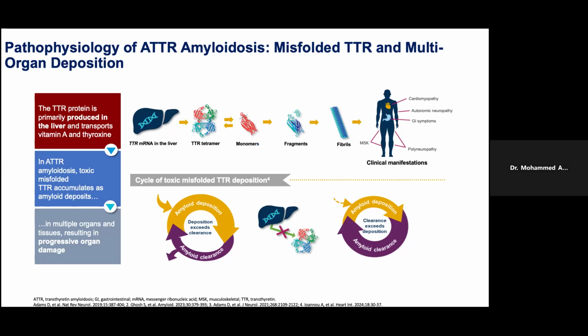Since ATTR cardiomyopathy is an infiltrative rather than inflammatory disease, patients often present to the clinic with preserved ejection fraction. The key concept in the pathophysiology is the balance between amyloid deposition and clearance. In healthy individuals, the abnormal proteins are effectively cleared. However, in ATTR amyloid, the production of misfolded ATTR exceeds the body's clearance capacity, leading to progressive amyloid accumulation and ultimately irreversible organ dysfunction.